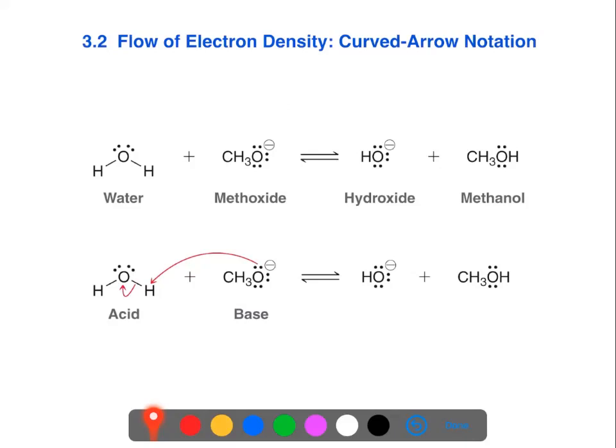And as a result of that bond being formed, the OH bond in the proton donor, the acid, the water molecule, will break to form the hydroxide ion. And so again, the hydroxide ion would be considered the conjugate base of the acid. And methanol, the product, the alcohol that's formed in this reaction, would be considered the conjugate acid of the base.